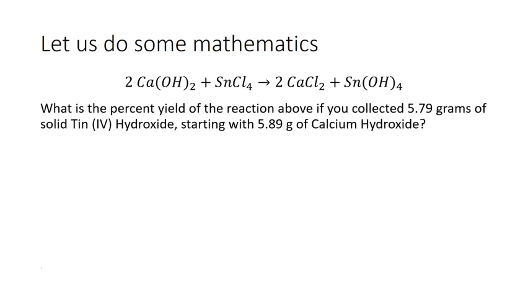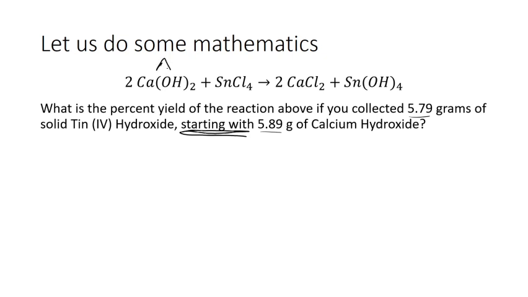We're going to treat this just like any other stoichiometry, where we have our A and our B. Since we've got two numbers here, we need to figure out which we're starting with. The question is going to give you a hint because it says starting with 5.89 grams of calcium hydroxide.